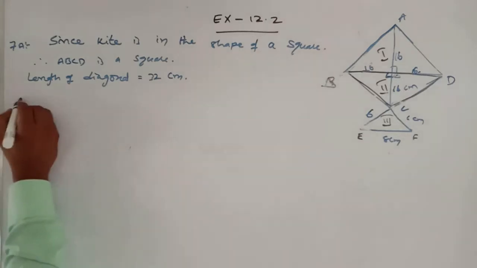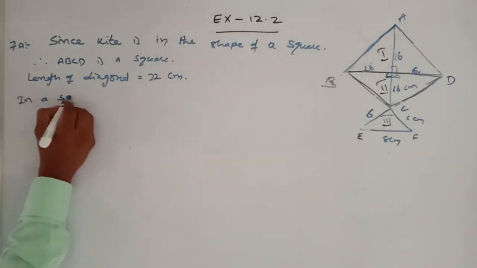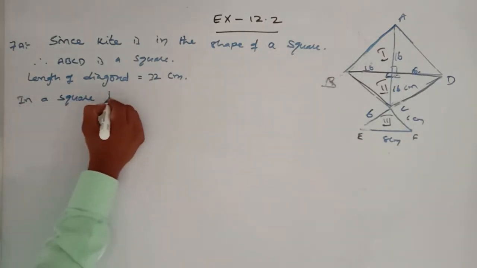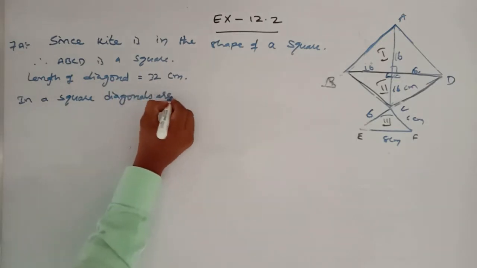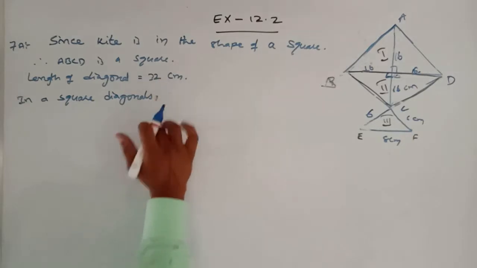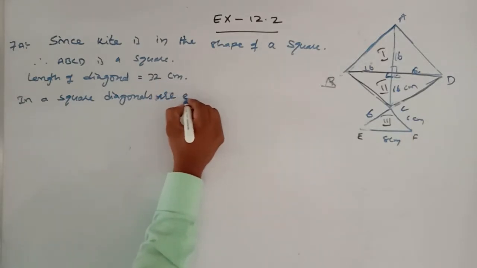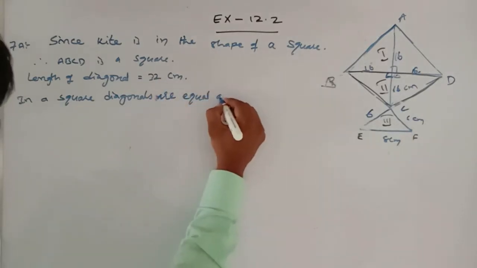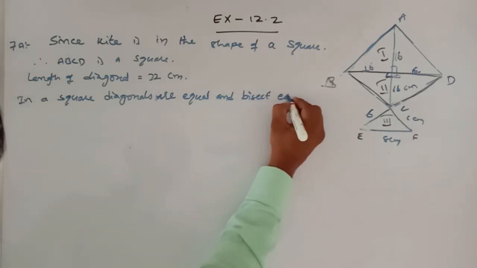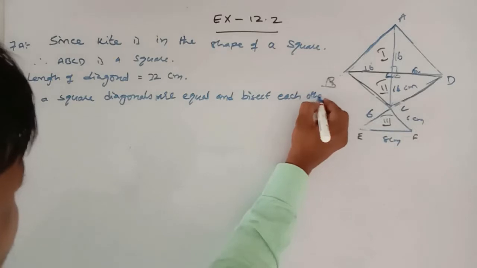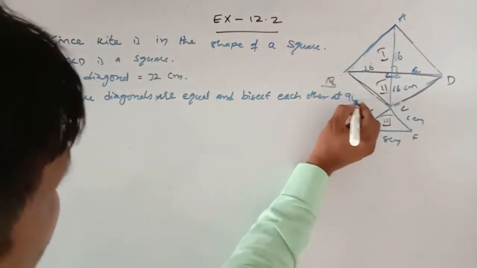In a square, diagonals are equal and bisect each other at 90 degrees.